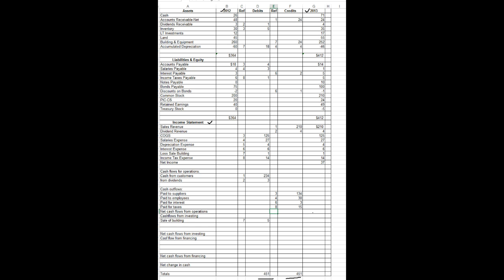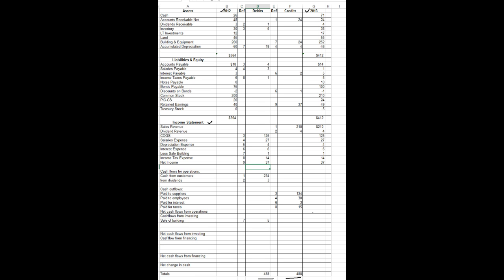Now, net income is 37. This one's not quite as intuitive. Net income will be posted into retained earnings, item number 1. So I'll record it as an increase to retained earnings, and I do need to make my worksheet balance, so I'm just going to say that I need 37 in my debit column to make my debits and credits balance.